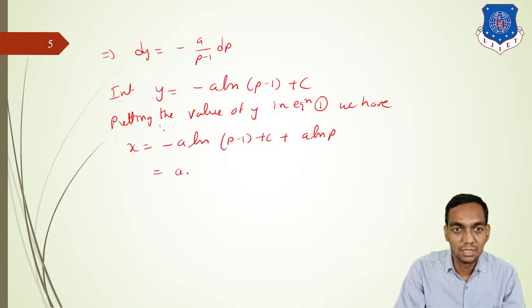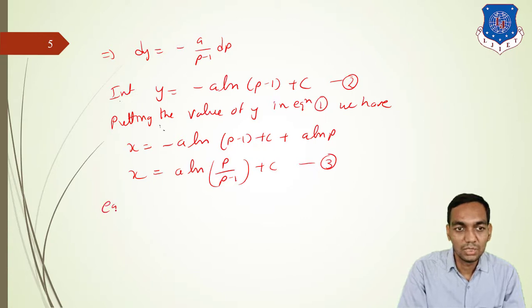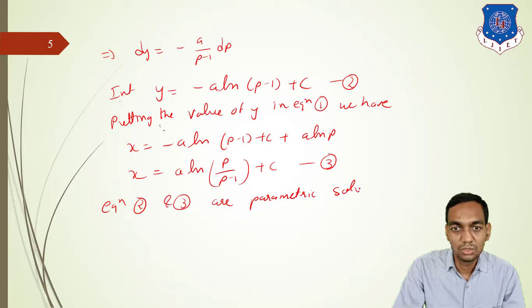That means x is a log (p upon p minus 1) plus c. So equation 2 and 3 are parametric solutions of equation 1.